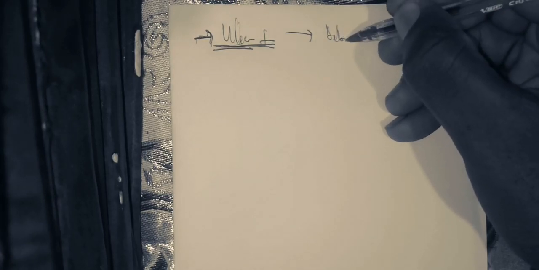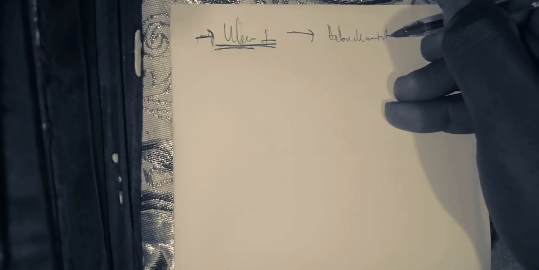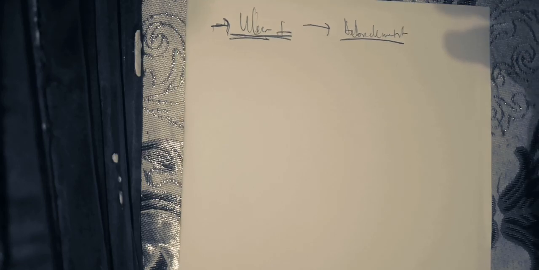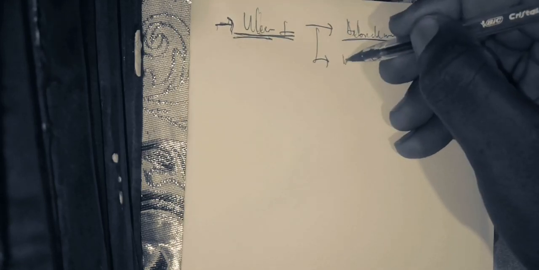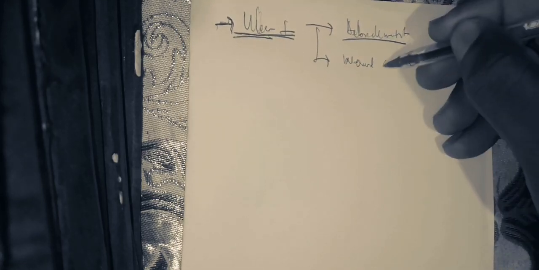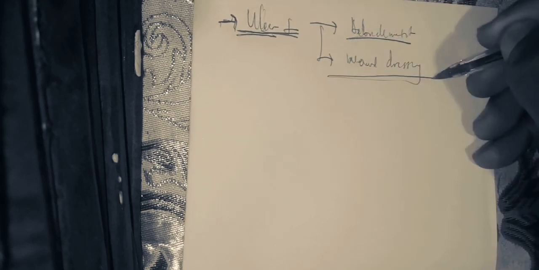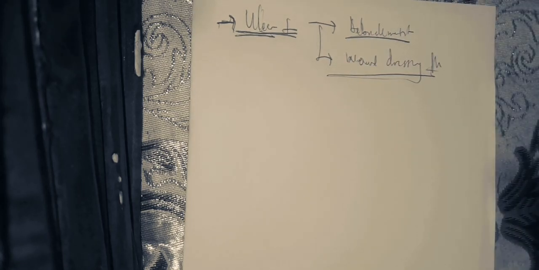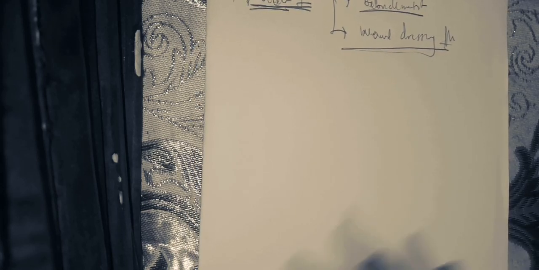The first is debridement, by removing the necrotic tissue in order to promote wound healing. The second element is wound dressing. I've already done a tutorial on debridement and wound dressing that you should watch to understand how best to manage a wound, in this case a venous ulcer. After managing that, we now pass to the next element, which is the follow-up.